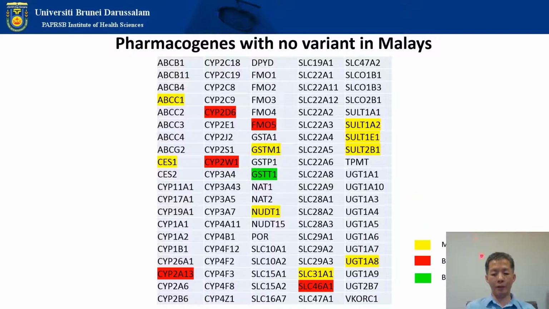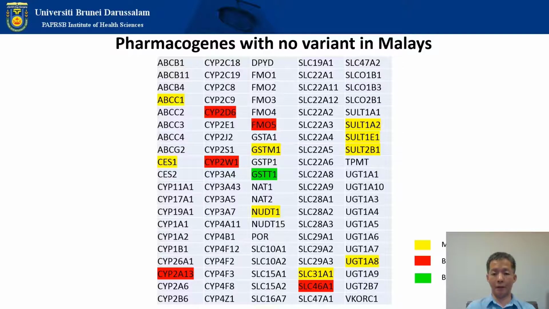As you can see here, those highlighted in yellow are the genes where there was no variant called at all for the Malaysian data, and those in red are genes where we didn't find any variants in both Brunei and Malaysia.